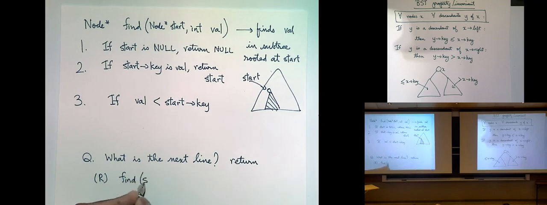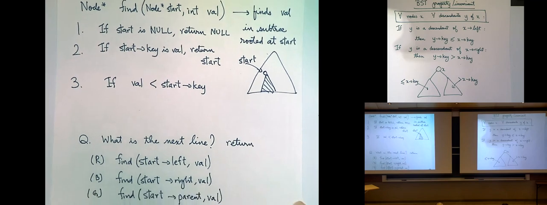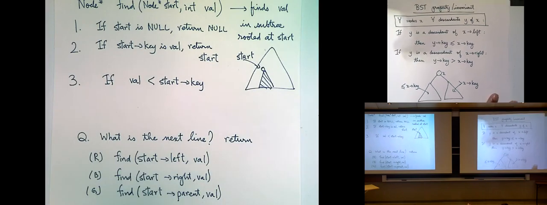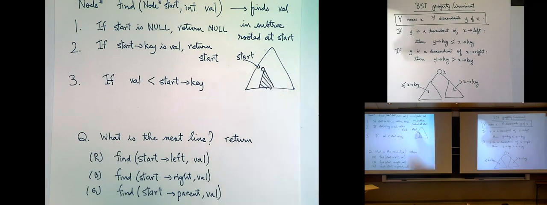Are you going to return find of start arrow left, val, or find of start arrow right, val, or do you find start arrow parent of val? What's the next line that you have here? Go and look at this property, and do it.